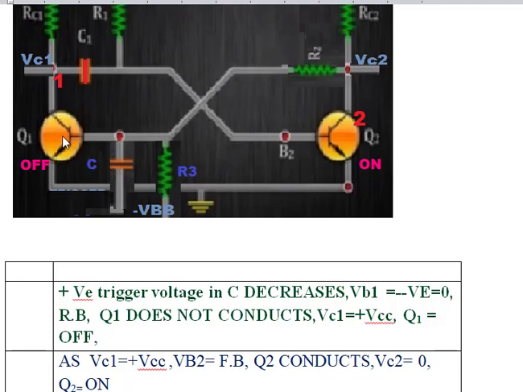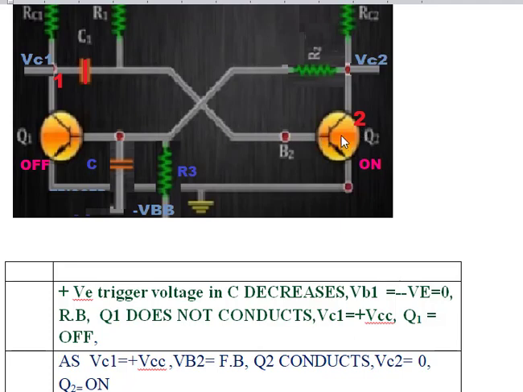When the forward bias decreases, it becomes reverse bias. When it is reverse bias, it does not conduct. The whole voltage is available here, VC1. So this voltage gives the forward bias to the second transistor. When it is forward bias, it starts to conduct.